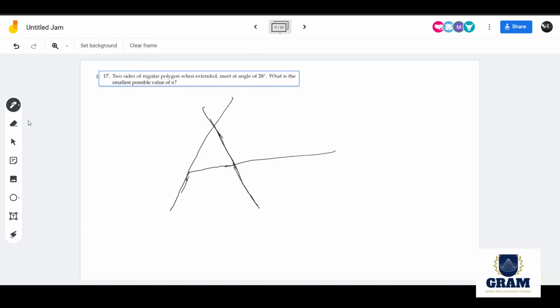Thanks. And so that makes an angle of 28 degrees. So you have this as a regular polygon, so the two side lengths would be equal and it would be an isosceles triangle.